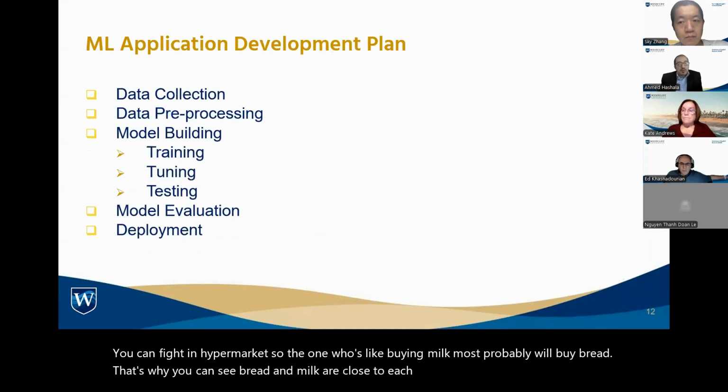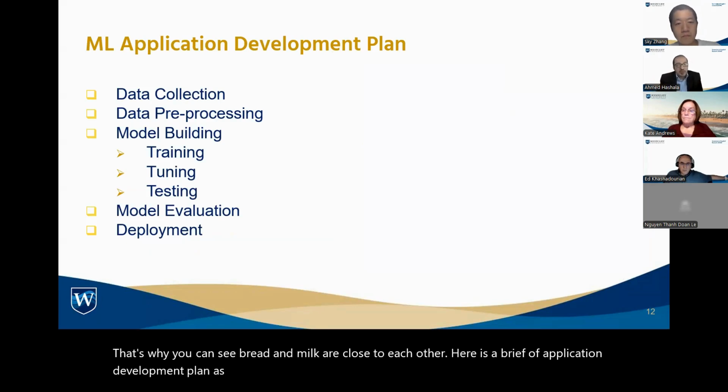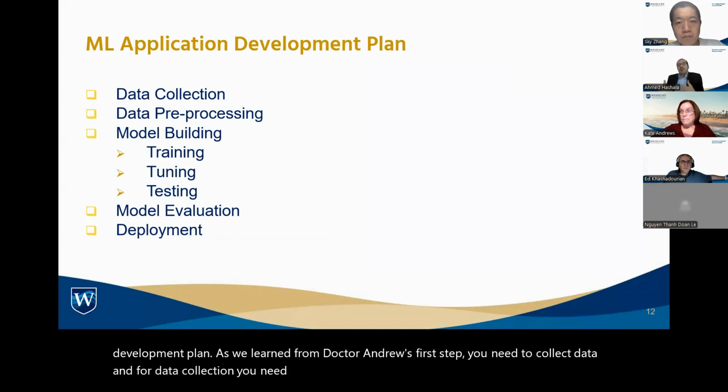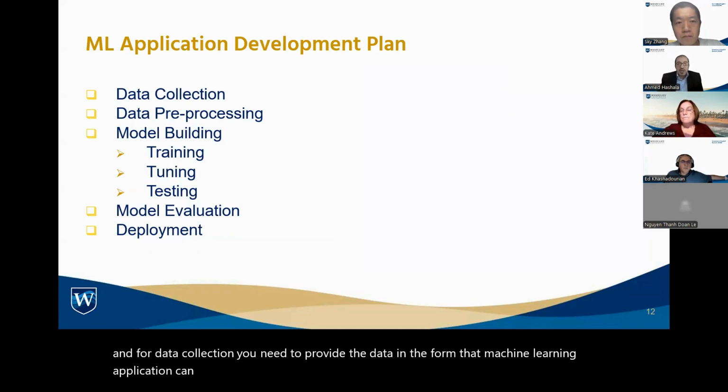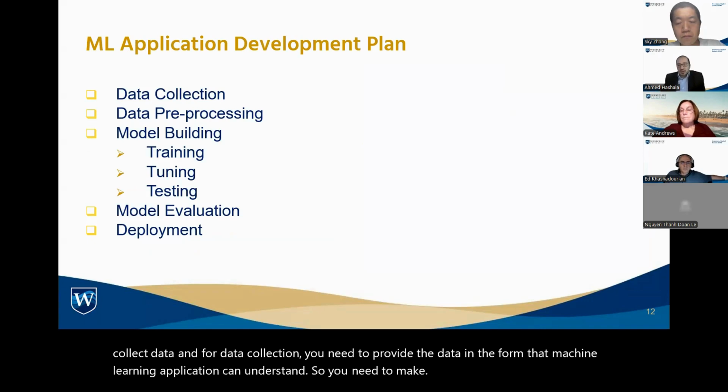Here is a brief of the application development plan. As we learned from Dr. Andrews, first step, you need to collect data. And for data collection, you need to provide the data in a form that the machine learning application can understand. So you need to do something called pre-processing.